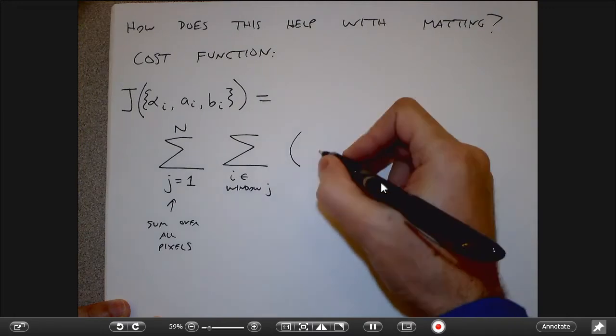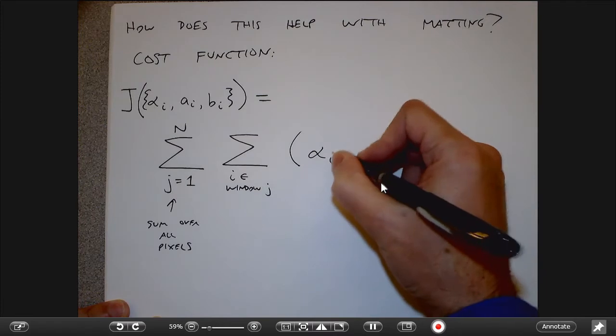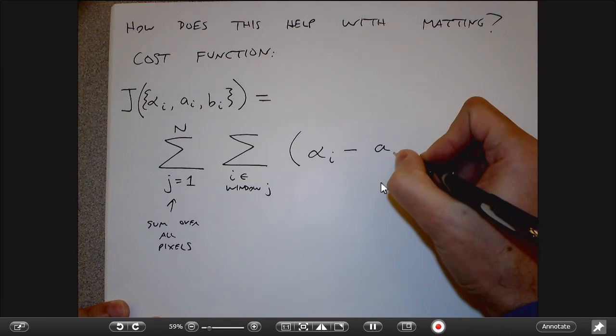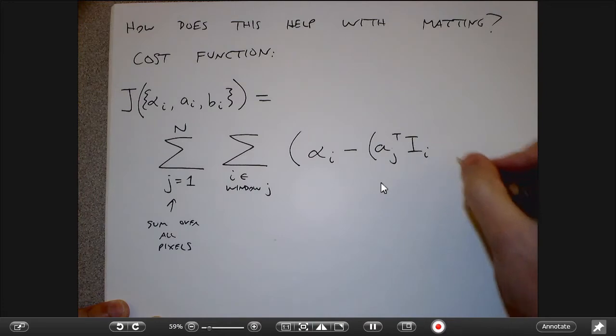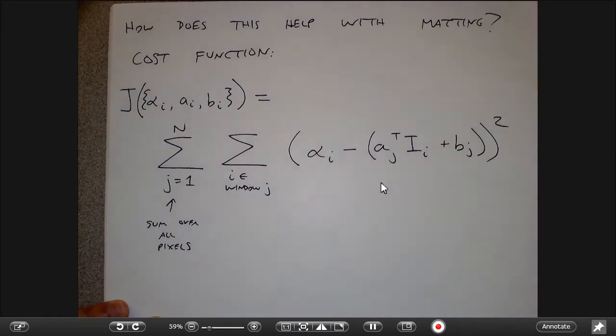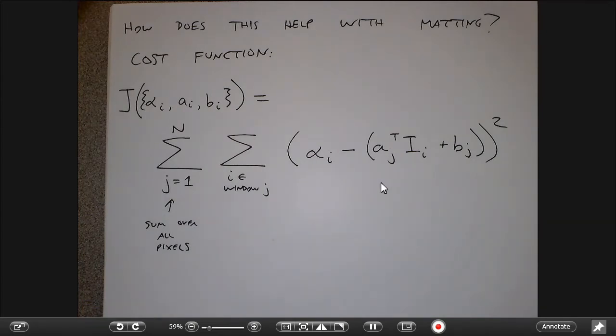I could minimize the difference between the alpha at that pixel and the color line assumption. So it's basically saying, over all the possible pairs of pixels and windows, I want to figure out how good my assumption is that the alphas match up with this color line assumption.